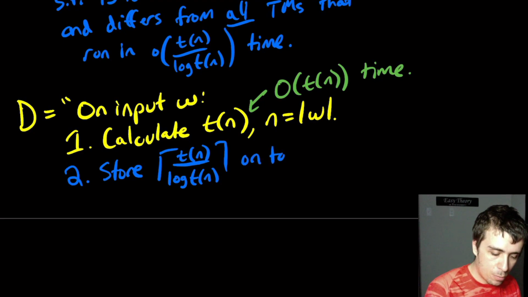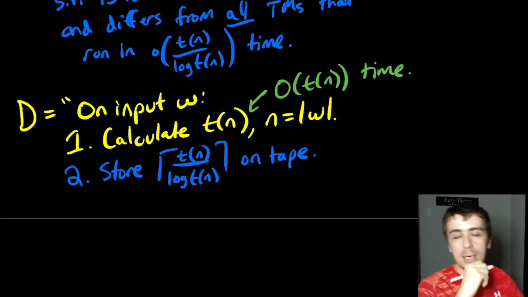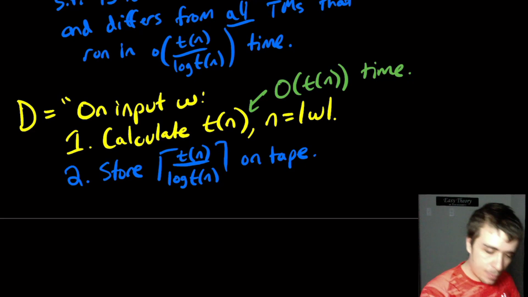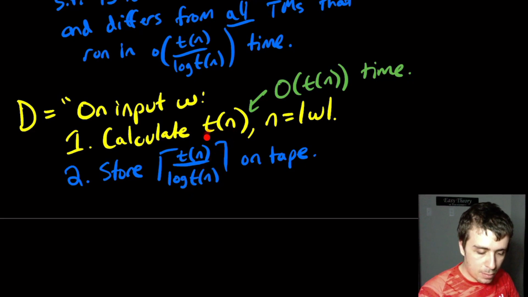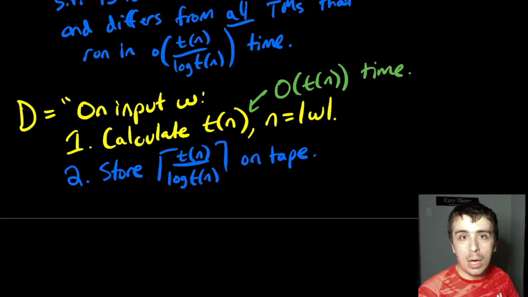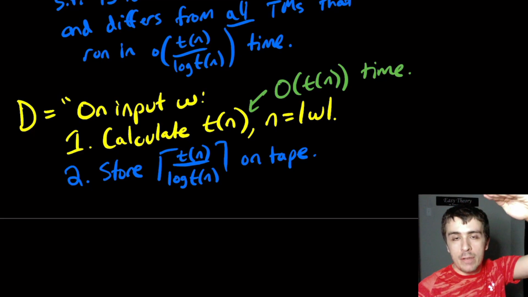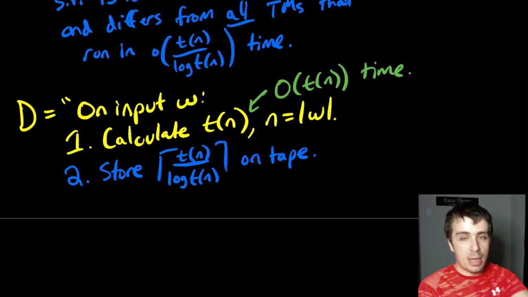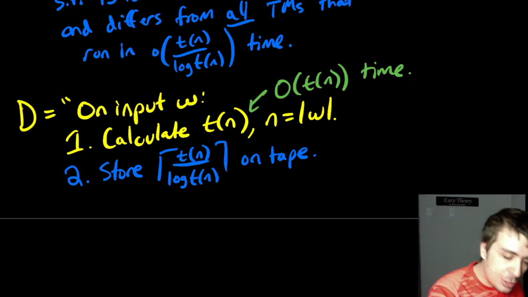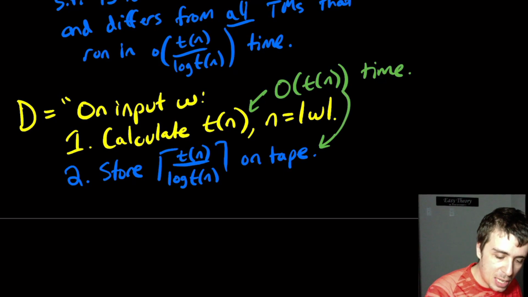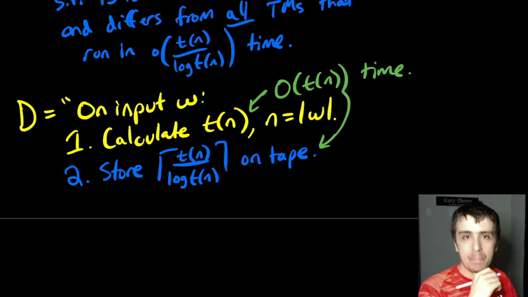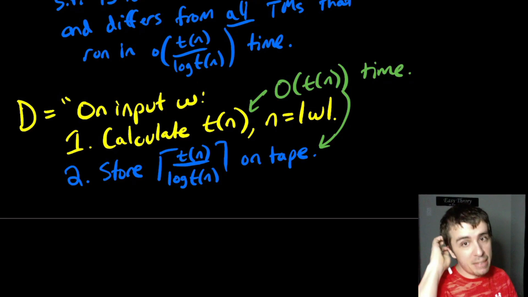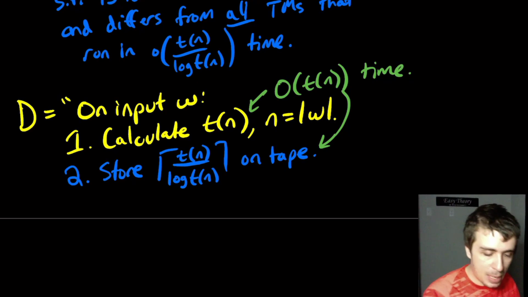So we calculate this value, calculate the log of it, take the original value divided by the smaller value, write that value on the tape and take the ceiling. I'm not going to go through the argument, but this one also takes big O of t of n time. In fact, you can do it significantly faster, but I'm not going to go through the argument here.